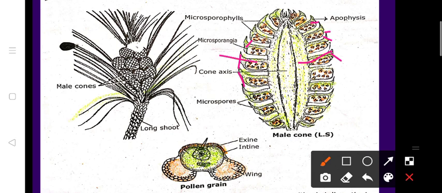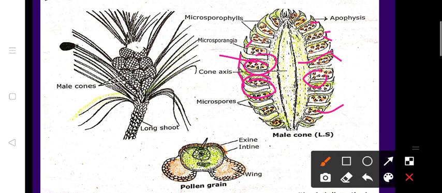Next, move to the structure of microsporangia. The microsporangium is a sac-like structure without a stalk. It is present on the lower surface of the microsporophyll.